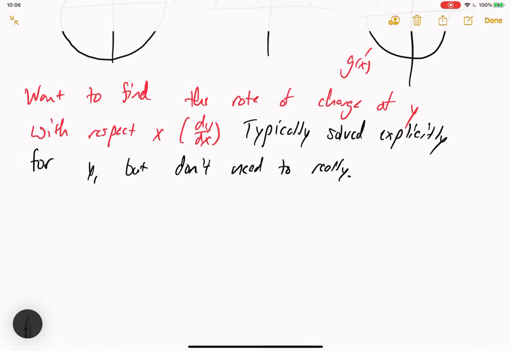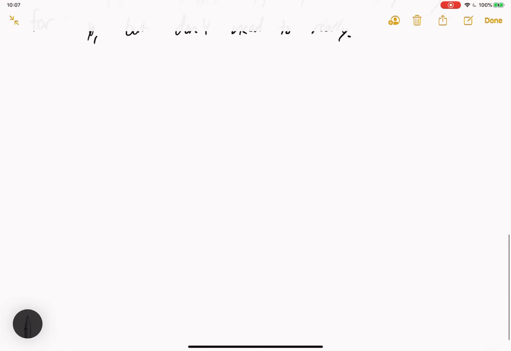What I wrote was typically solved explicitly for y, but we don't need to really. That was typically called explicit differentiation, because you can explicitly solve for y, and once you take a derivative of one side, you just get dy dx.